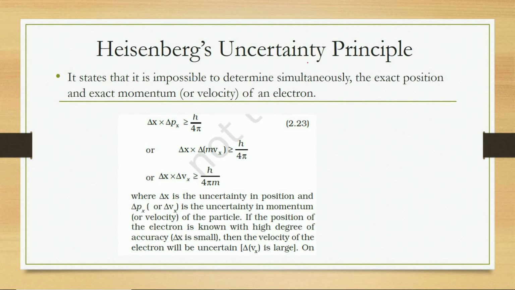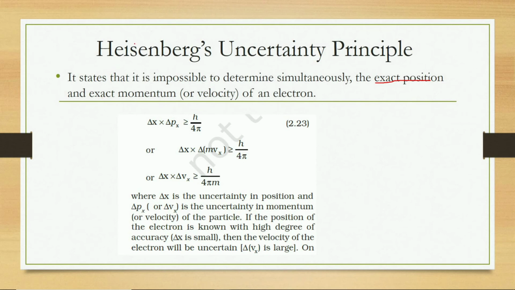Let's see what the Heisenberg uncertainty principle is. The Heisenberg uncertainty principle is basically delta x into delta px is equal to or greater than h by 4 pi. That means, according to Heisenberg, it is impossible to determine simultaneously the exact position and the exact momentum of an electron.